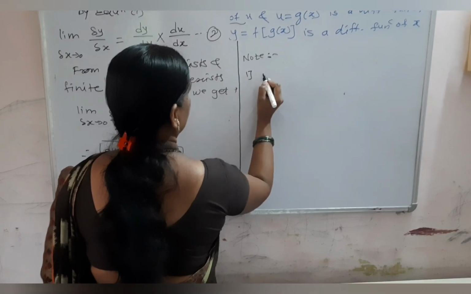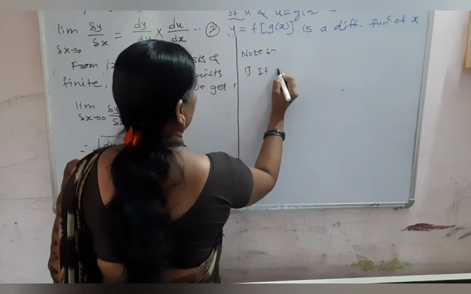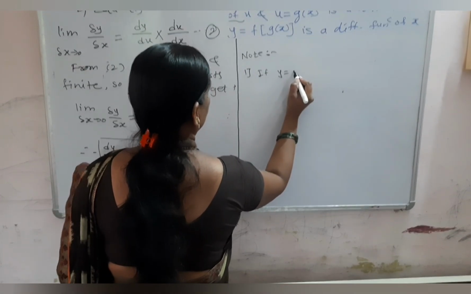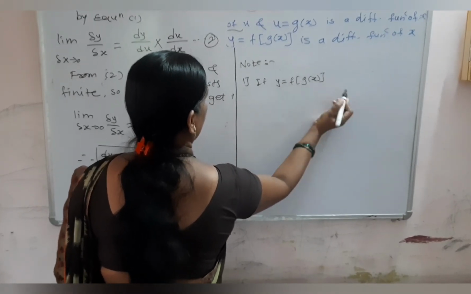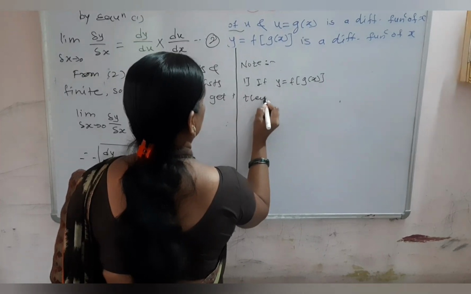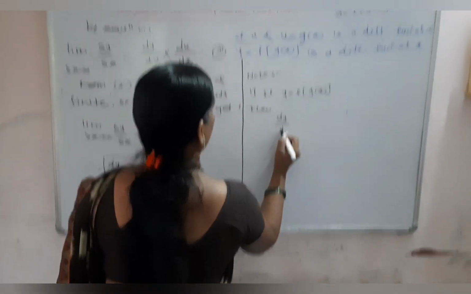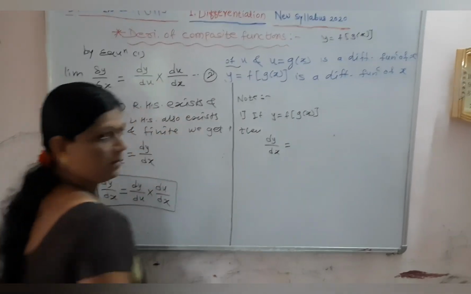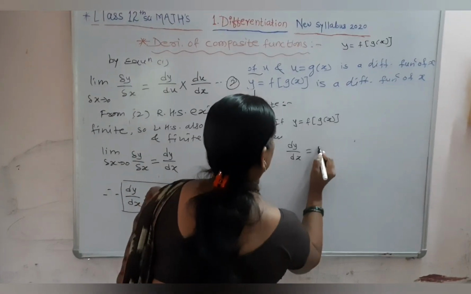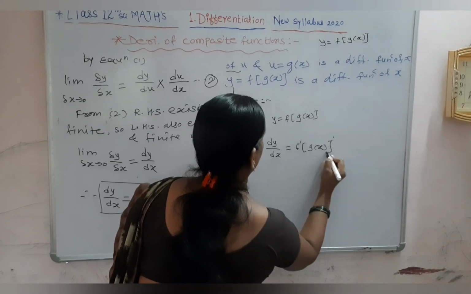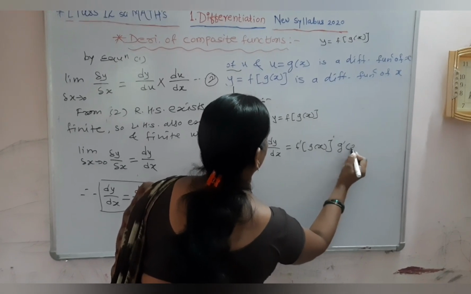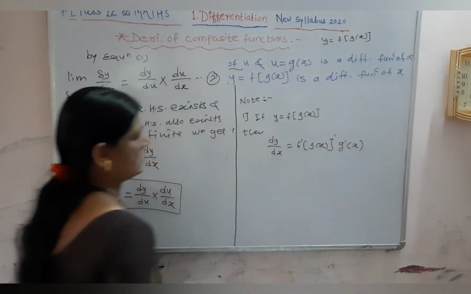First note, if y equal to f of g of x, then dy by dx is equal to f dash g of x into g dash x.